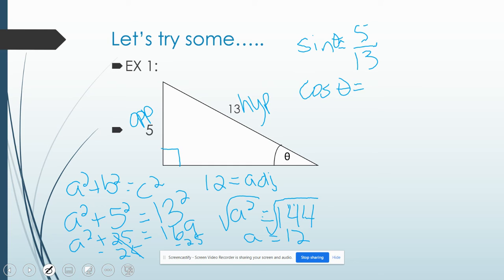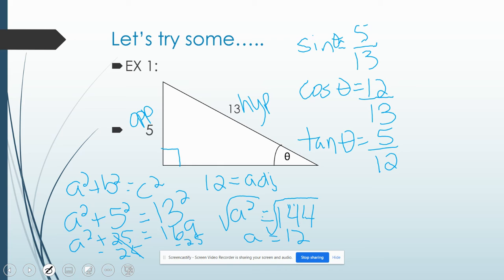Our cosine of theta is the adjacent over the hypotenuse, and that's it. That's the ratio. Cosine of theta is 12 over 13. The tangent of theta, opposite over adjacent. And that's it. I'm not trying to do anything else with that. Tangent of theta is 5 over 12.